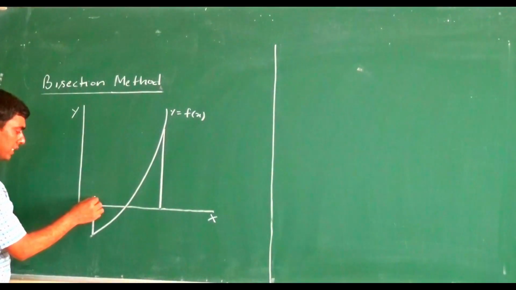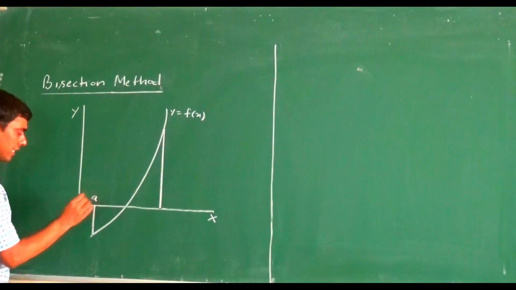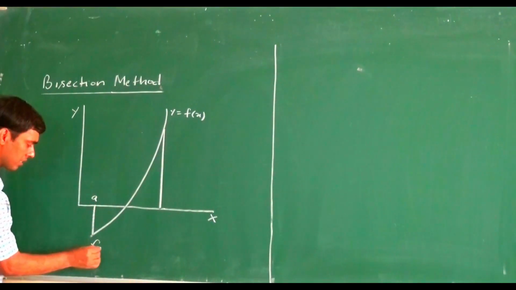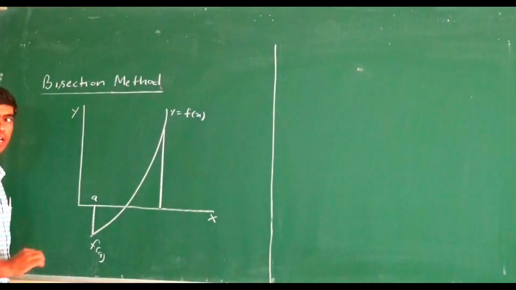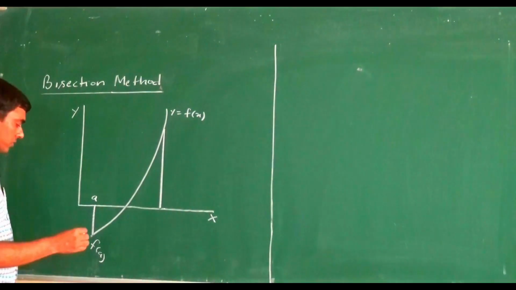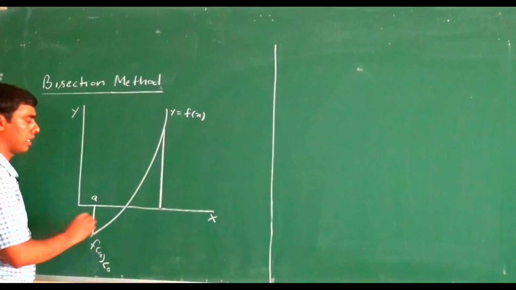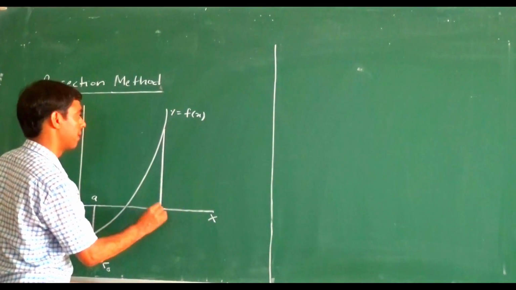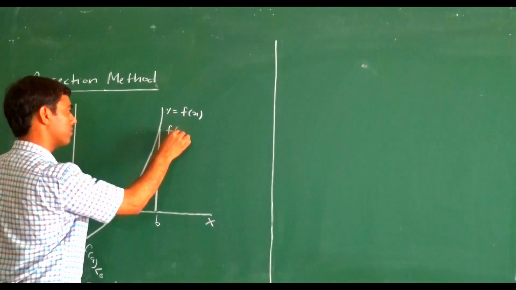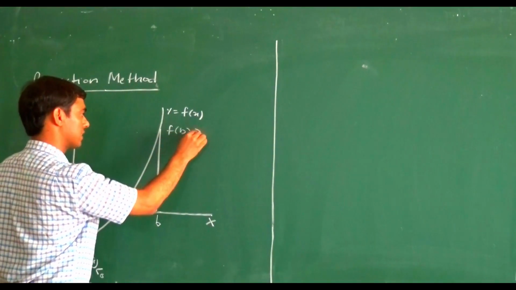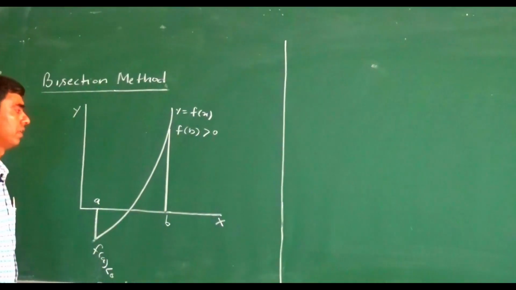Suppose this point is a, so f(a) is less than 0, and suppose this one is b, then f(b) is greater than 0.